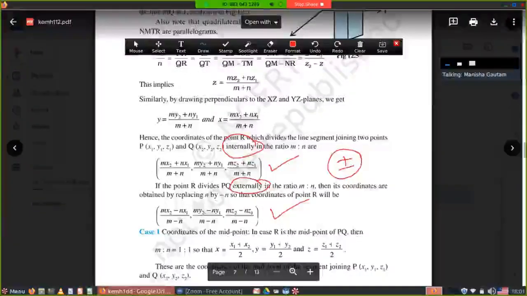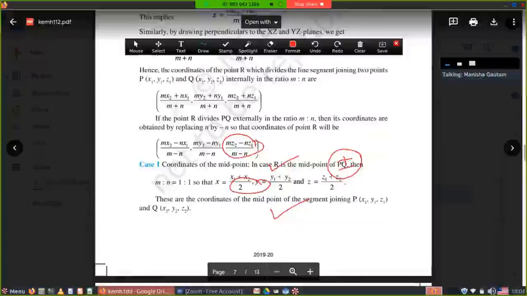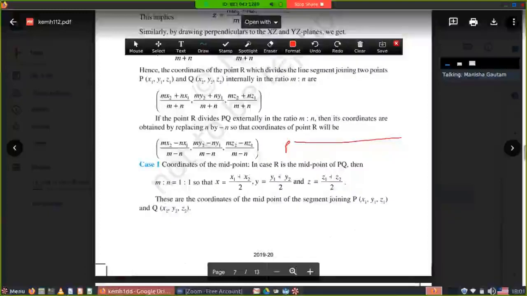Okay. Now the first case is when the point which divides the line segment lies at the midpoint. Suppose P and Q are the points and R is the point which divides this line segment into equal parts. It means 1:1.